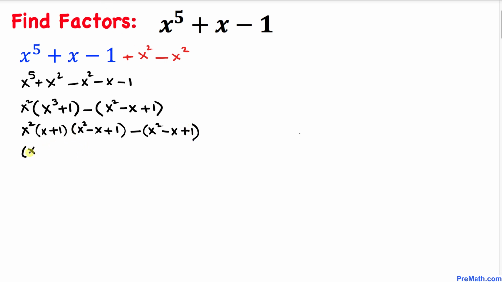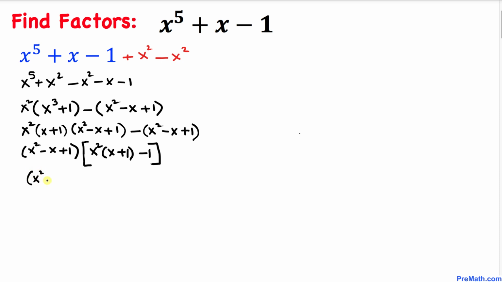I'm going to bring x squared minus x plus 1, and then inside the bracket that is going to be x squared times x plus 1 and then minus 1. Let's go ahead and simplify further.